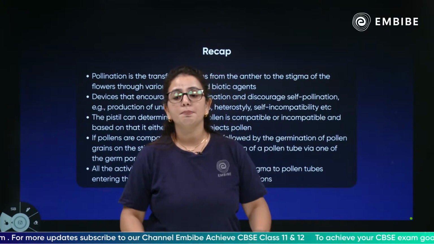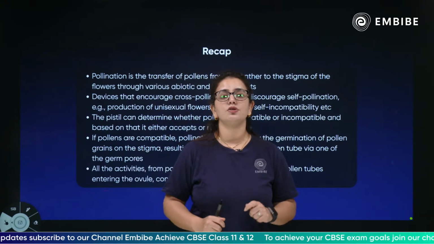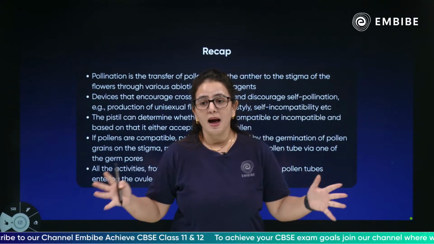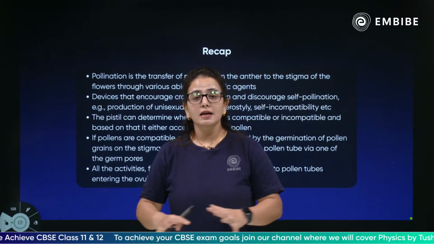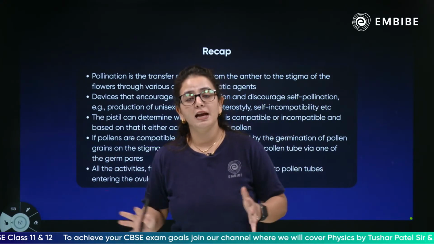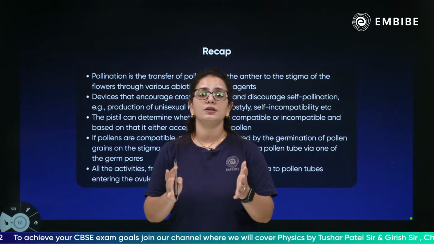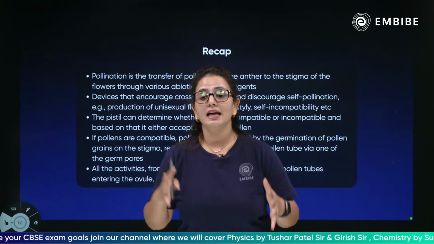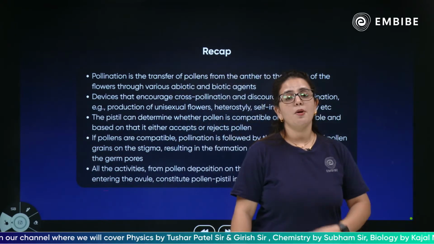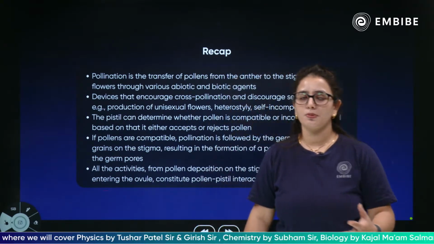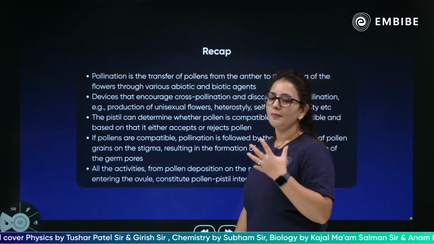The biotic agents are the living agents. It could be insects, bats, birds, or snails, any living organism which helps in transferring pollen grains from the anther to the stigma is called an agent of pollination. So children, pollination is important for the sexual reproduction which takes place in plants.